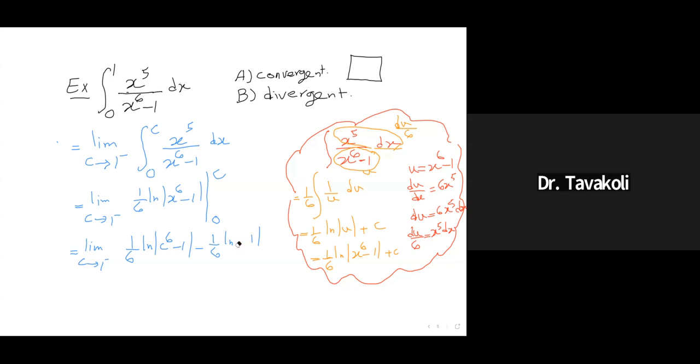So let me write this plus 1 here. Obviously, ln of 1 is 0.